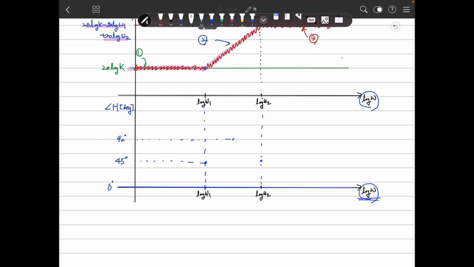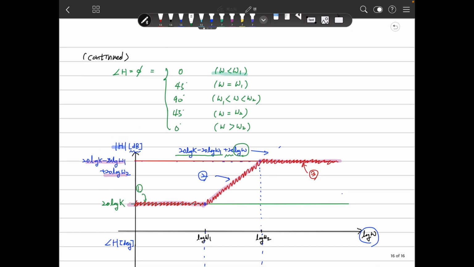So the figure of that is we start at 0 degree and go here and touch 90 degree and here and here. So this is the phase angle of these figures. And this is a way how to draw the Bode plot in magnitude and phase angle here.